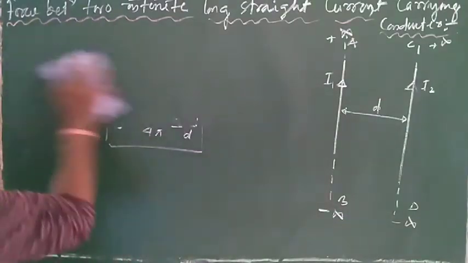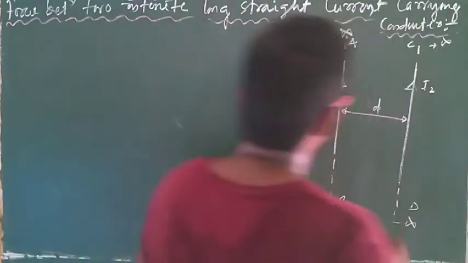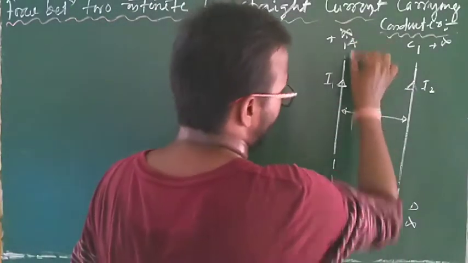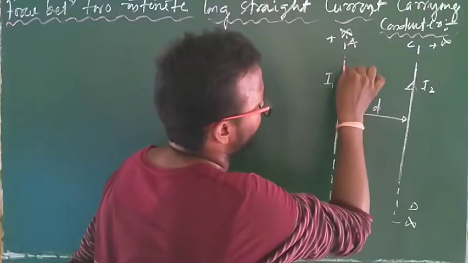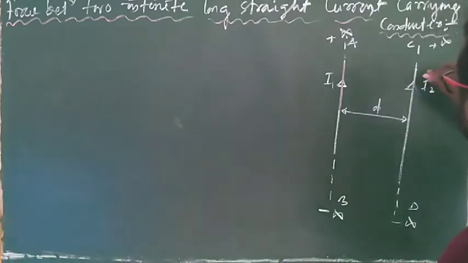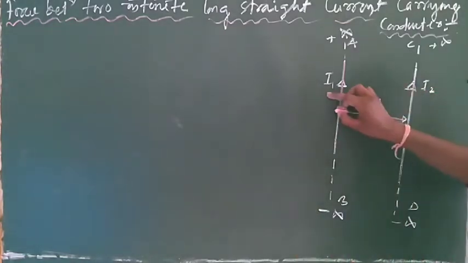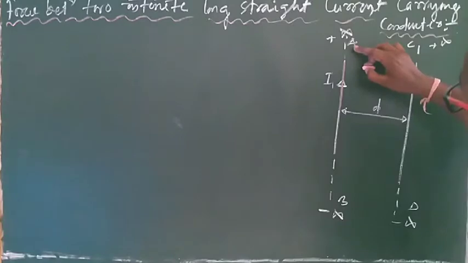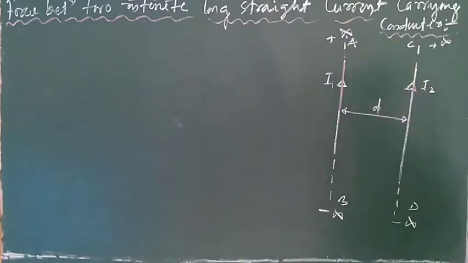Now we have to use this concept here. Suppose first we take the conductor AB. Due to the current in AB, first ignore the other conductor in which current I2 flows. That means there is no other conductor except I1. So there is only one conductor, AB, and this is the direction of flow of current.